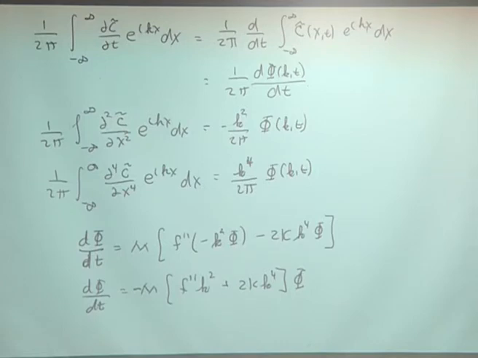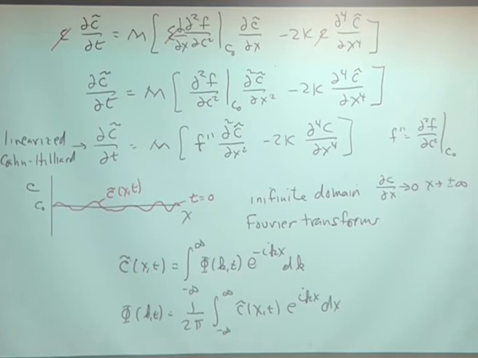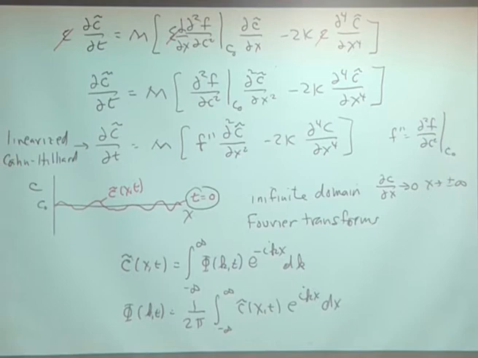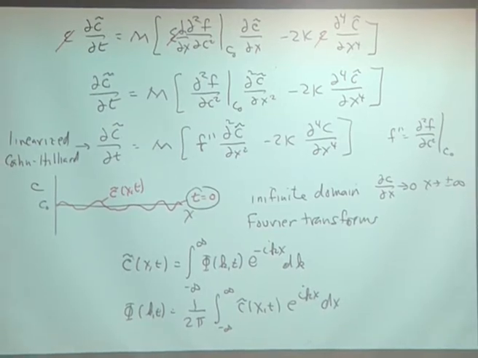So remember, this Fourier transform is a function of k and time, but it's a function of time in particular. That's the important thing I want to emphasize here. And so you need an initial condition. You need to know what the fluctuations look like at t equal to 0.